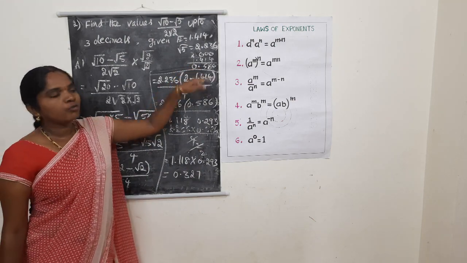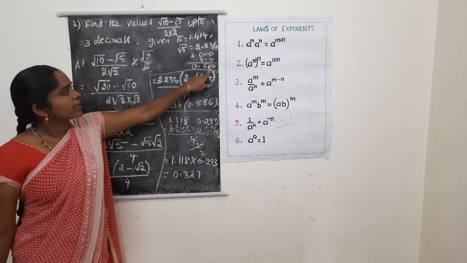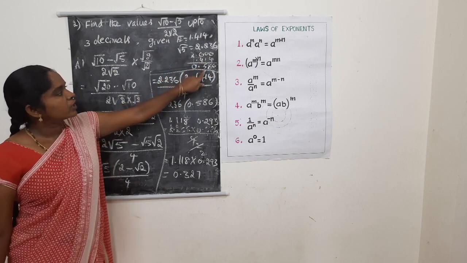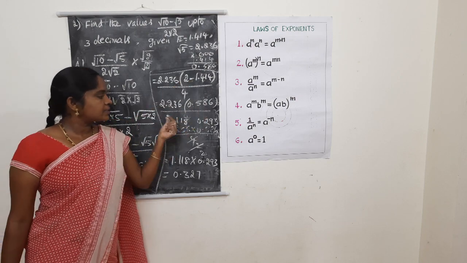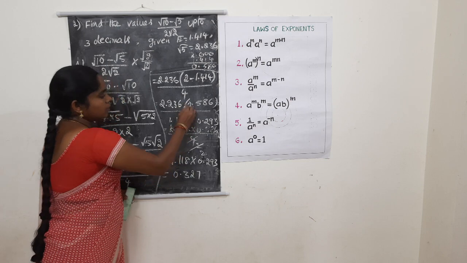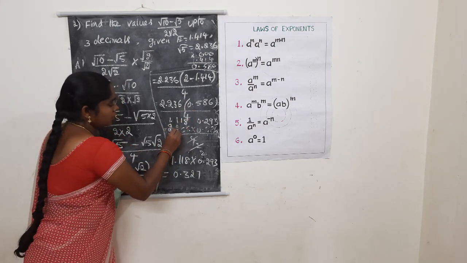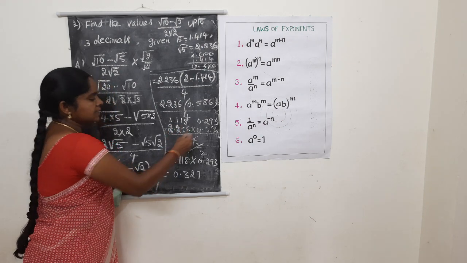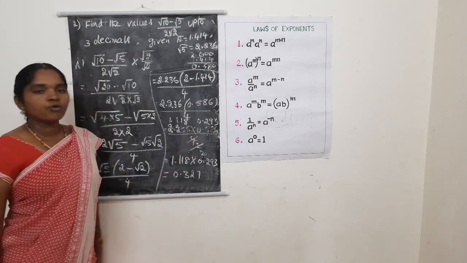Subtracting 1.414: 10 minus 4 is 6, 9 minus 1 is 8, 9 minus 4 is 5, 1 minus 1 is 0. So 0.586 by 4. So 2.236 into 0.586 by 4.